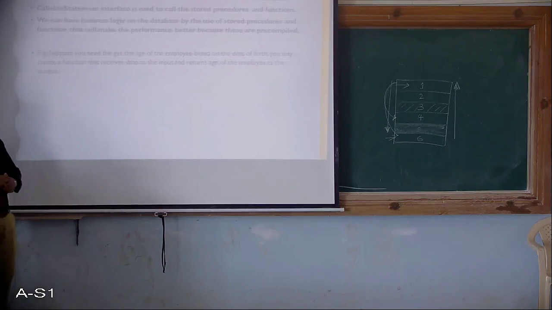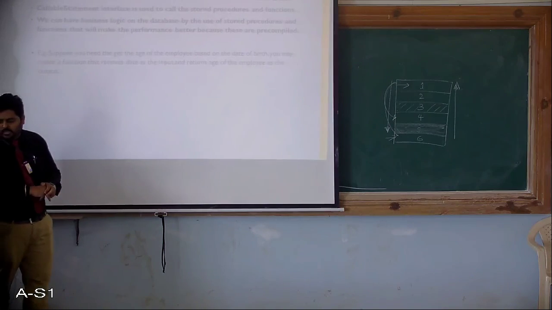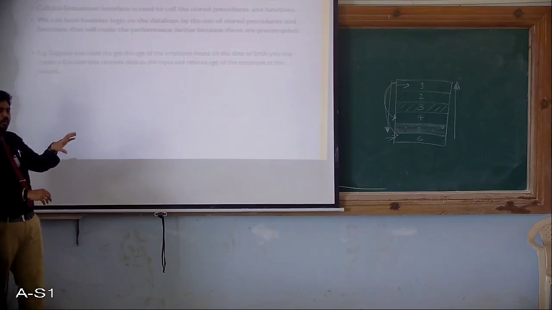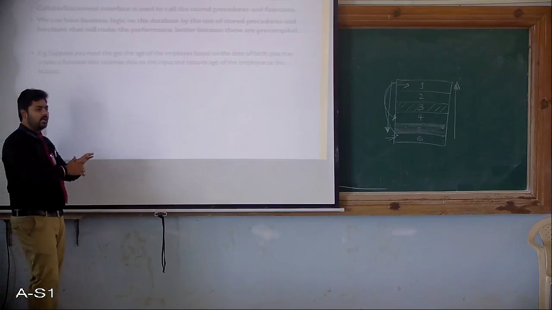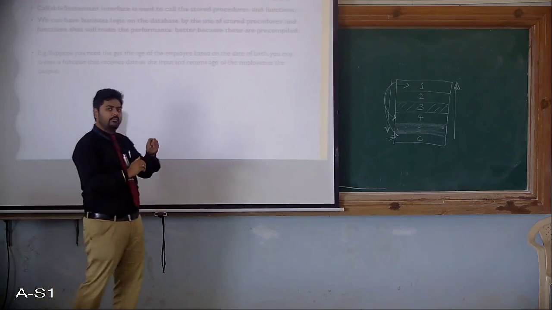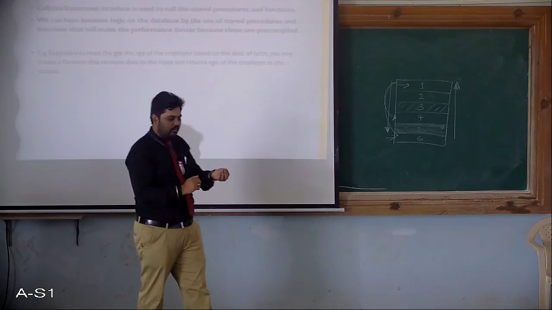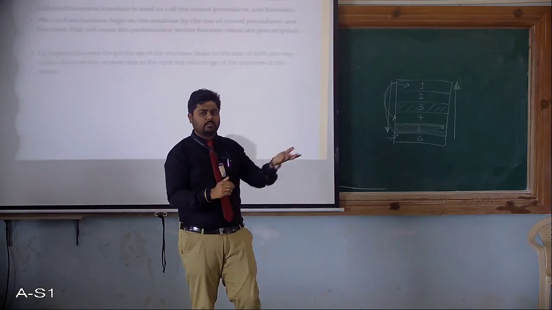See, suppose for example we have taken one small example. Suppose you need to get the age of an employee based on the date of birth. Based on the date of birth you are going to calculate the age of that particular employee. This is a small stored procedure which I kept separately from the main program, and whenever I want to calculate the age, I will just call that stored procedure.